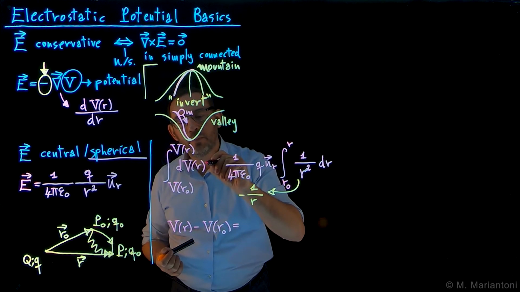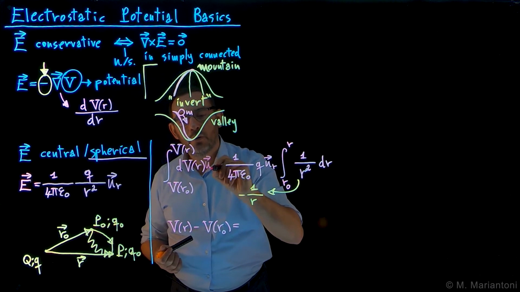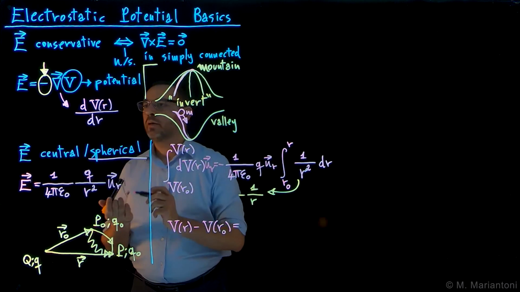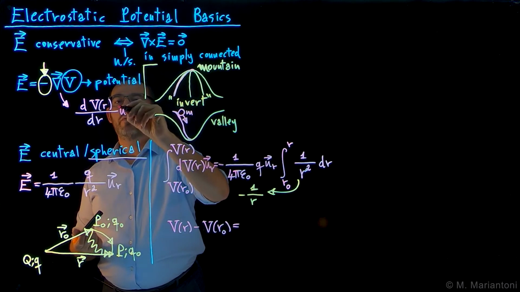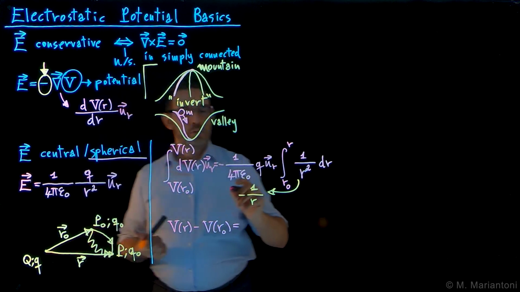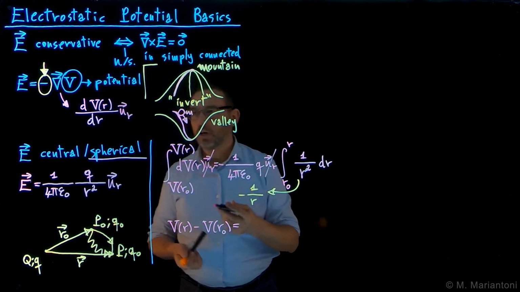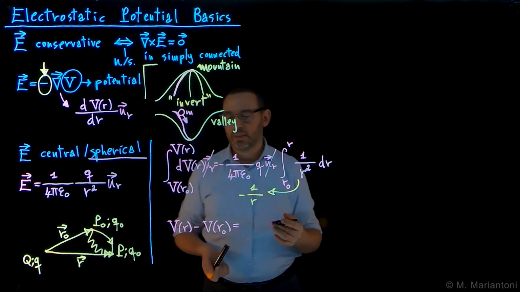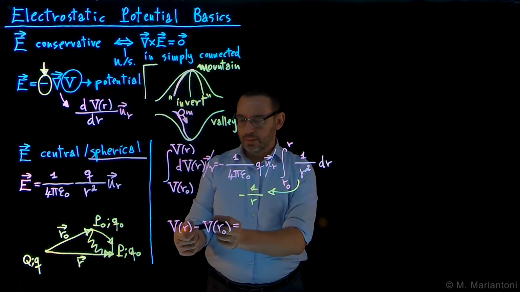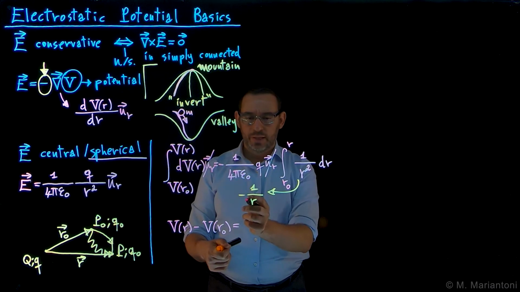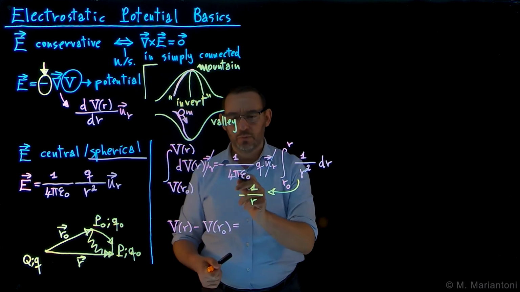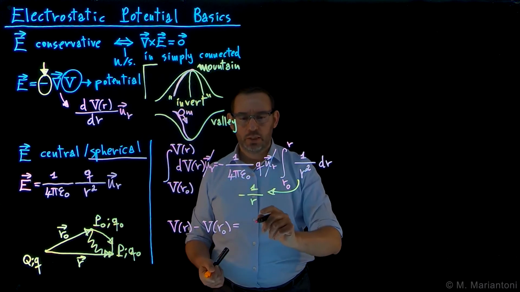So we need to remind ourselves that here there is ur equal minus of this quantity. Here obviously we have ur. So this ur in fact cancels out with this ur, so we don't care anymore when we solve this integral. We are only along one direction. So we got rid of that. This minus sign cancels with this minus sign, so we obtain 1 over 4 pi epsilon naught q.